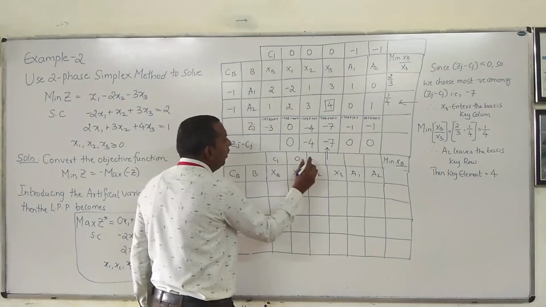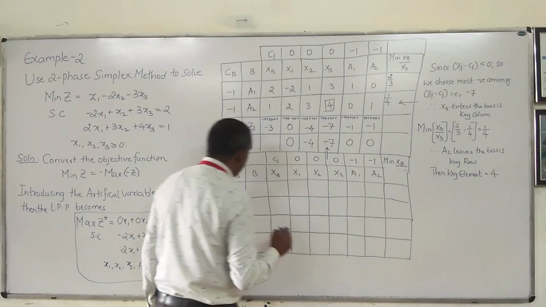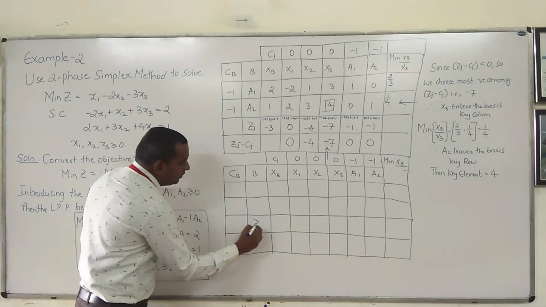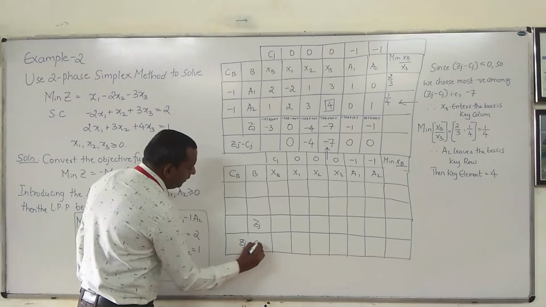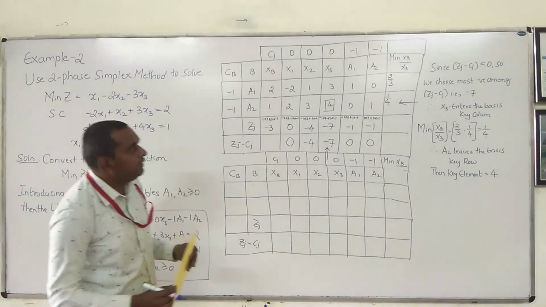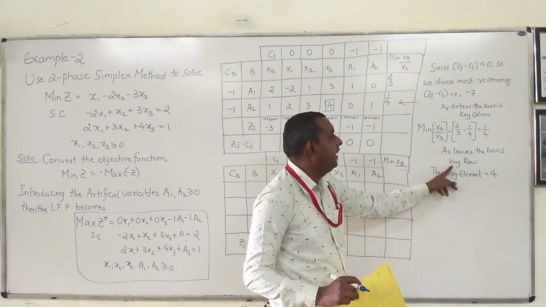Cj is 0, 0, 0, minus 1, minus 1. This is Zj, and this is Zj minus Cj. So what happens here? x3 enters the basis and a2 leaves the basis.